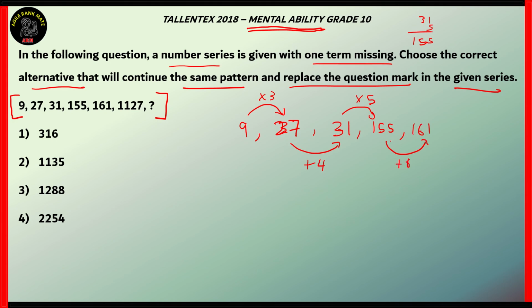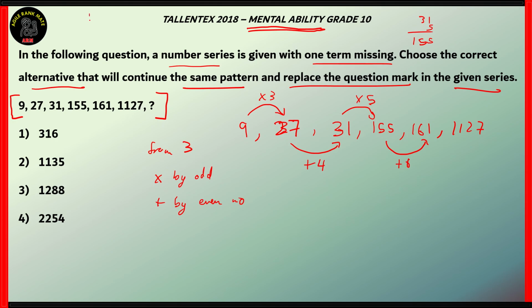So as you can see, we do have a pattern here that says multiplied by odd numbers and added by even numbers, starting from 3. So when we continue on this pattern, the next term that we get is 1127.